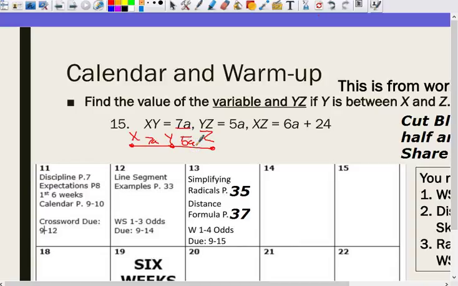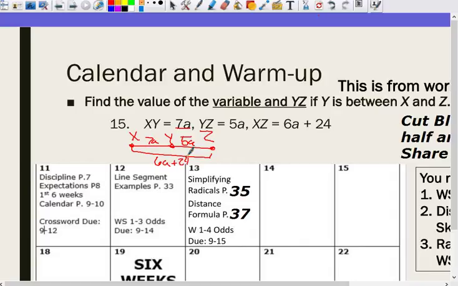And we know xz, the entire thing, is 6a plus 24. Now, do you guys remember the papers we were using? If we took this total piece of paper and we tore it in half, and then we re-added these 2 sizes together, shouldn't it be the same size? That's what we're doing here.